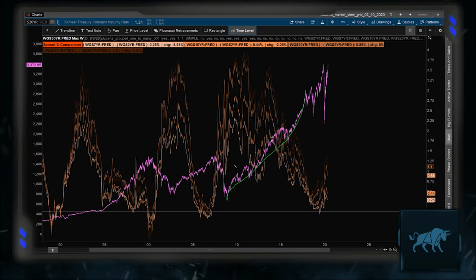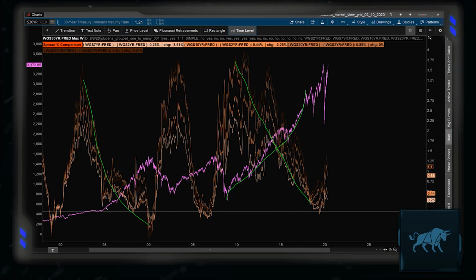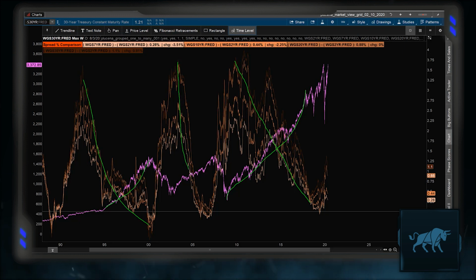At the same time, since 2009 or so, yield spreads and yields as well have been falling. Just like we saw earlier here, yields falling, SPX up, and then again here, leading up to the 2008 crash. Yields falling, SPX happily going up, and we see it again. So what has happened afterwards?